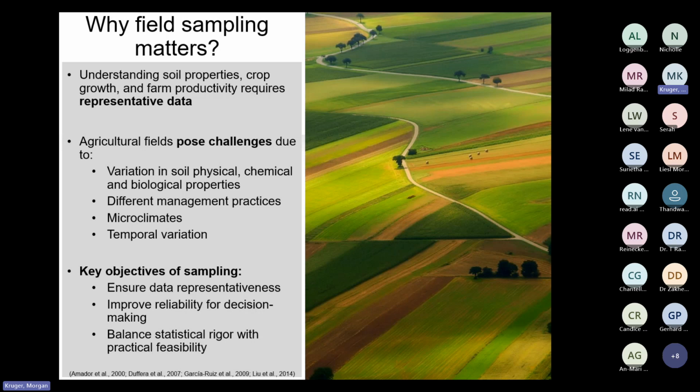We then want to improve reliability for decision making. So farmers and researchers use this data for soil fertility recommendations, precision agriculture, and sustainable management. And lastly, we would like to balance statistical rigor with practical feasibility. Sampling should be accurate but also efficient. So we must balance scientific precision with time, cost, and labor constraints.